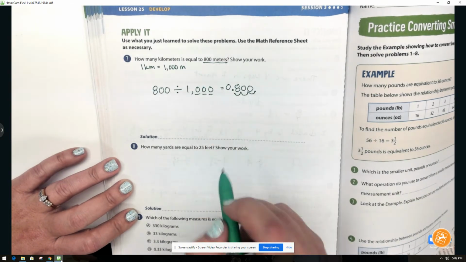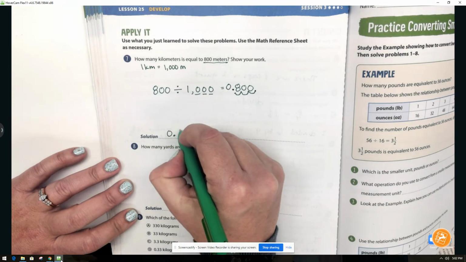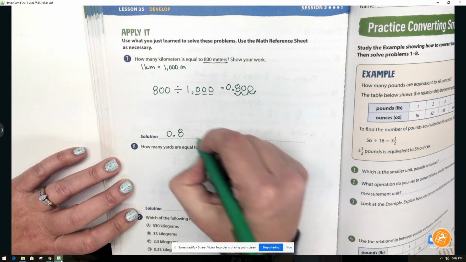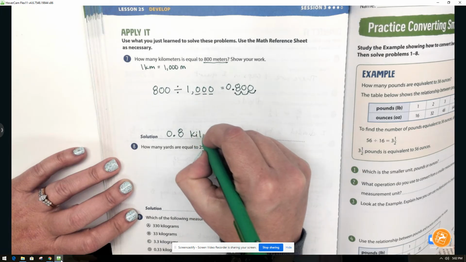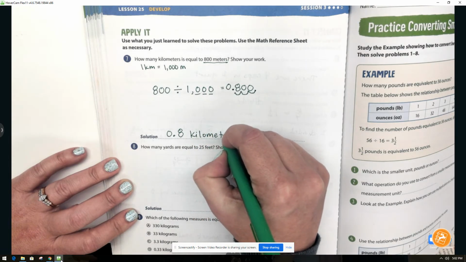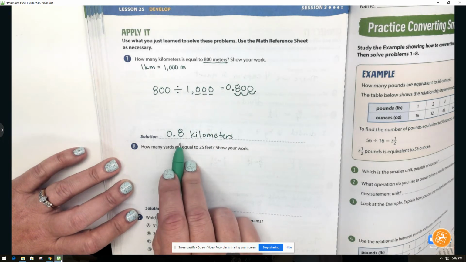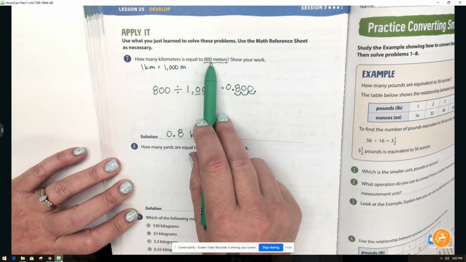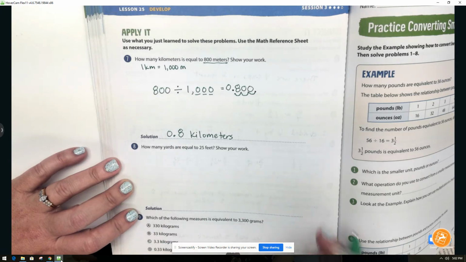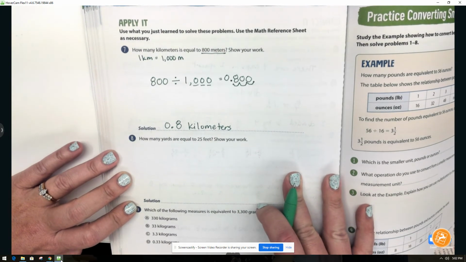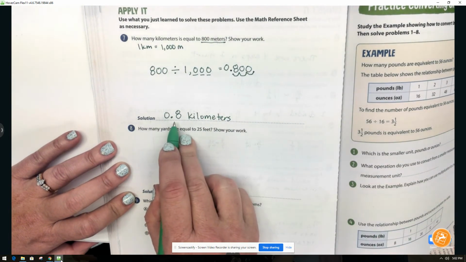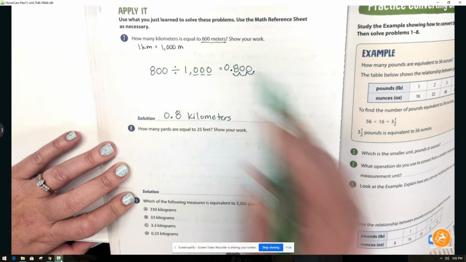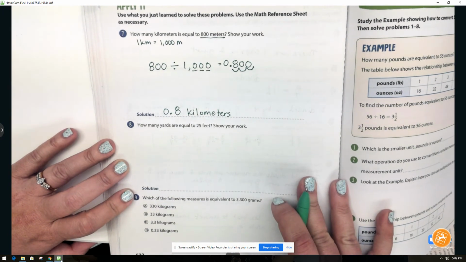So the answer is 8/10 kilometers. So there are 800 meters in 8/10 kilometers. Or 8/10 kilometers is equivalent to 800 meters.